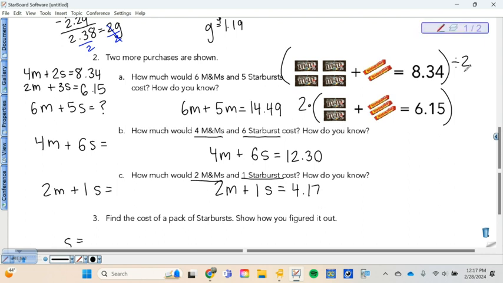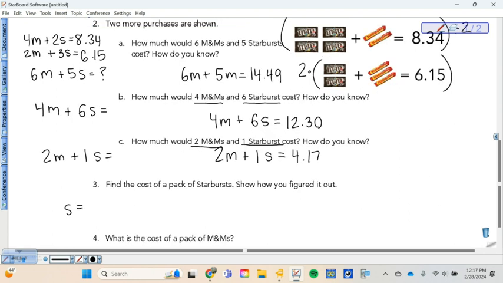Okay, so now I want to find out the cost of the Starburst and the cost of the M&M. Yes, exactly. So look, I started off with 2 different equations, right? The 4M plus 2S is 834, and the 2M plus 3S is 615. But then I made up 2 more equations.